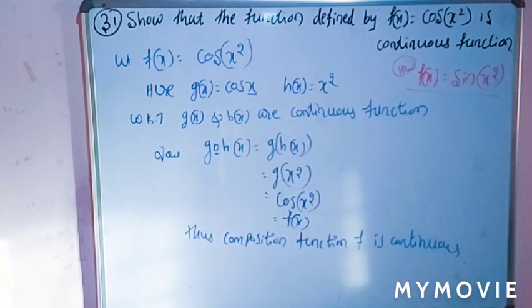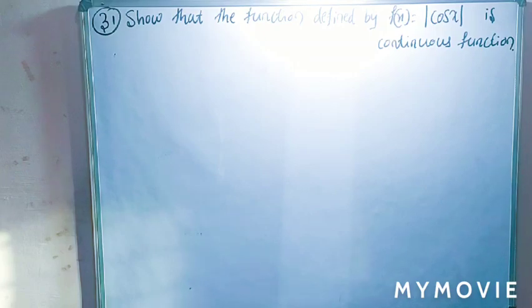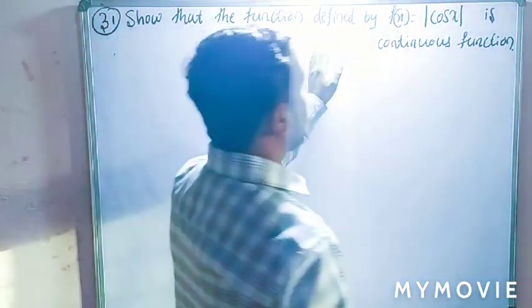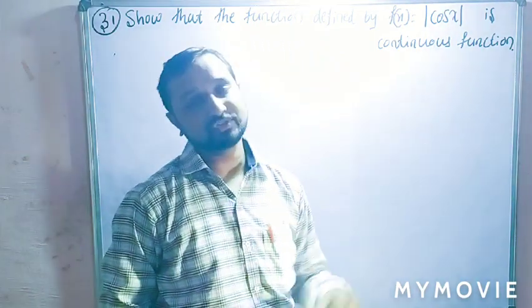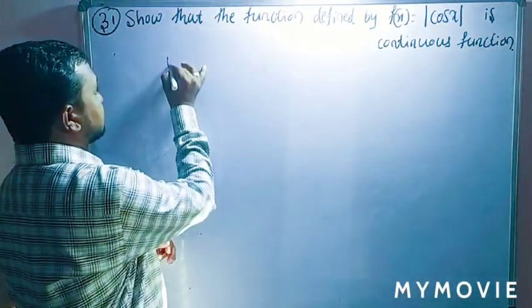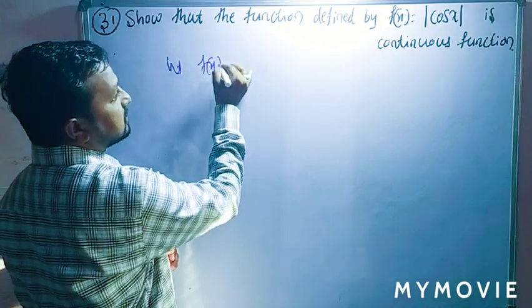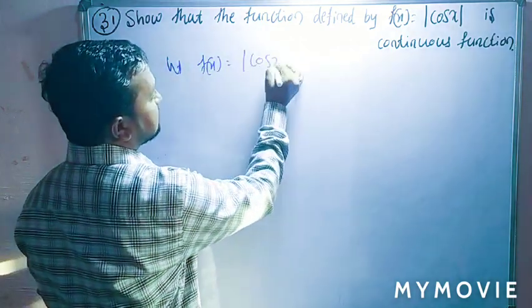Okay, and that is also a composition of a function example. So students, show that the function defined by f of x equal to mod of cos x is a continuous function. That is also a composition of a function. Here let us take f of x is equal to mod of cos x.